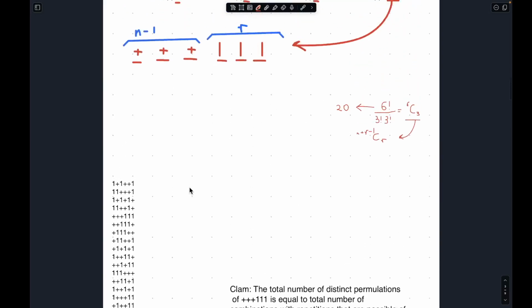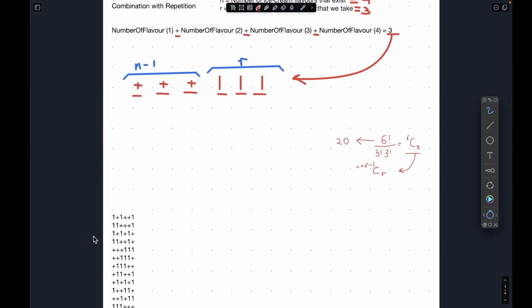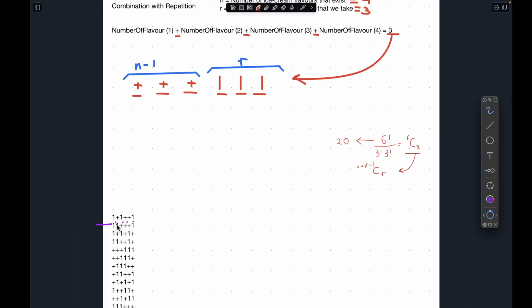Then let's look at the second possibility. For this, there are 4 distinct positions that these plus signs distribute the whole thing into. One is this, one is this, one is this, and one is this. For this one, it goes till here, so there are 2 ones over here.